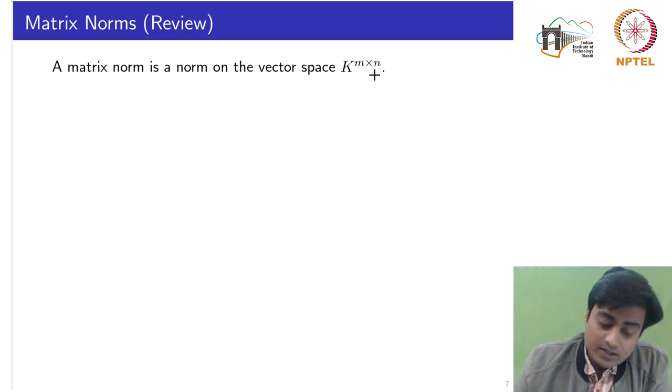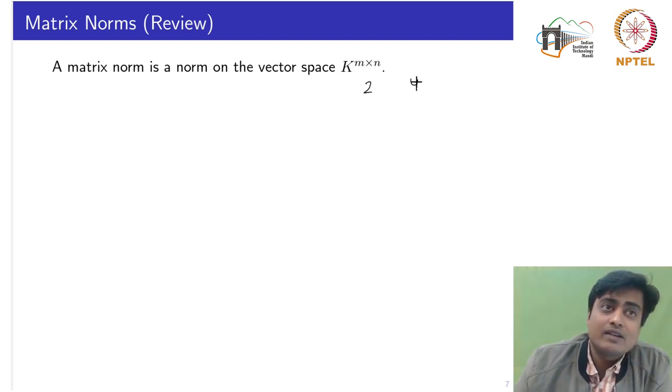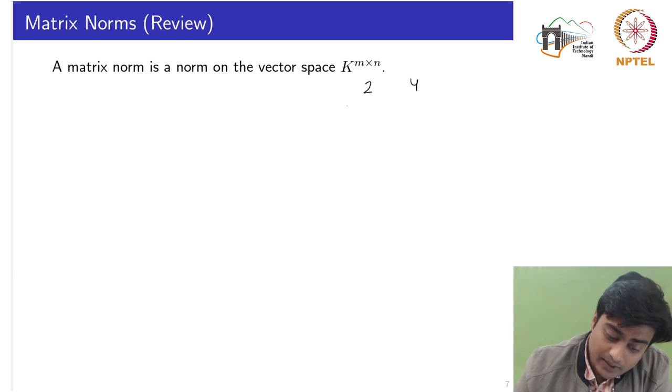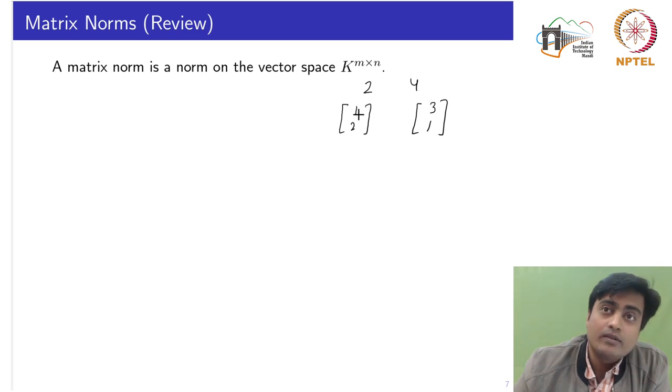for comparison purposes. Say for example, if some scalar values are given to us, let's say 2 and 4, we know that the number 4 is greater than number 2 or vice versa, right? But if a vector is given to you in the sense of 1 2 or 3 1, these vectors could be representations of many things. Let's say if you talk about the size of the human body, the first element could be the width and the second element could be the height.